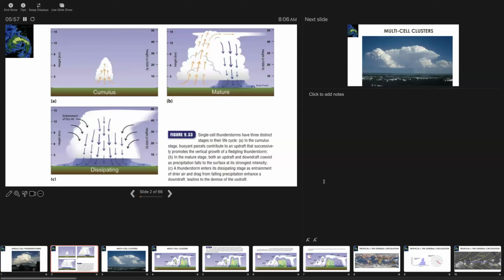We generally look at single cell storms in terms of one of these phases. There is the cumulus phase or the developing phase. This is where you've got rising air, whatever that mechanism is. It might be non-frontal convergence, might just be heating.